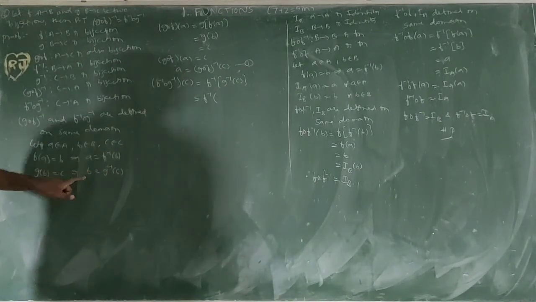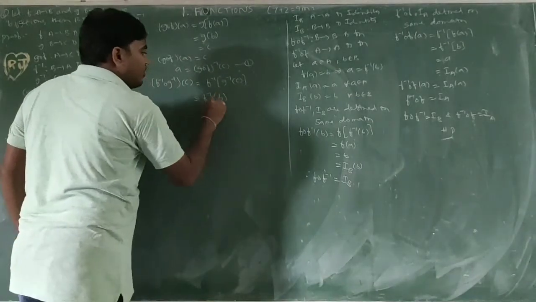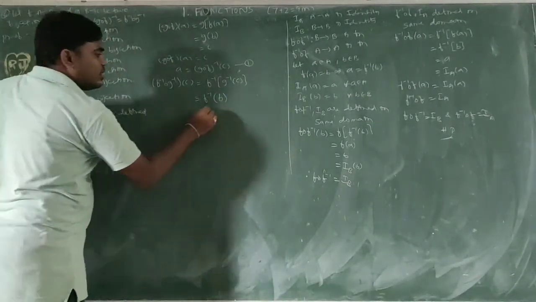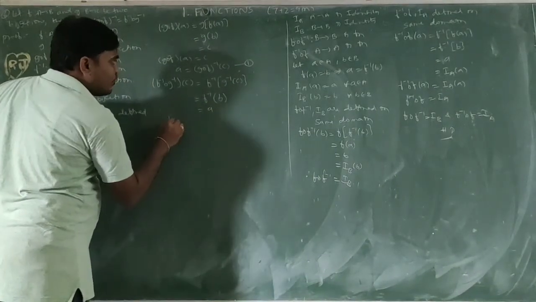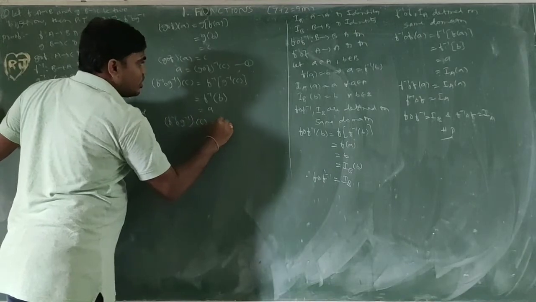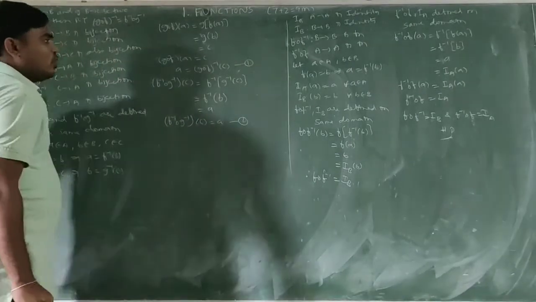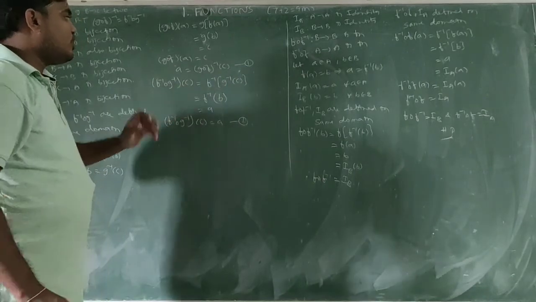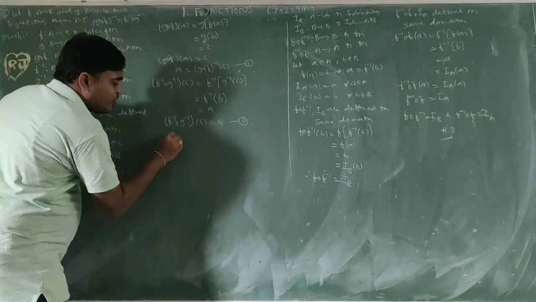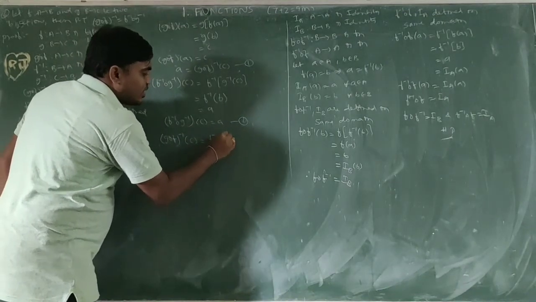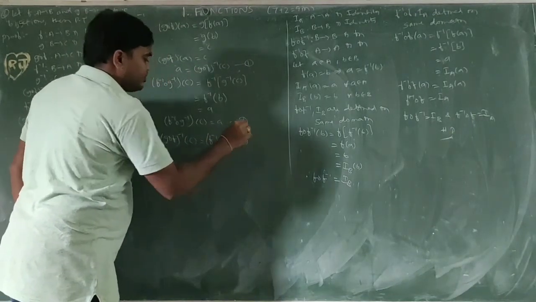So G inverse of c equals b, and F inverse of b equals a. So F inverse circle G inverse of c equals a, equation number 2. From equations 1 and 2, these two are equal: (G circle F) whole inverse of c equals F inverse circle G inverse of c.